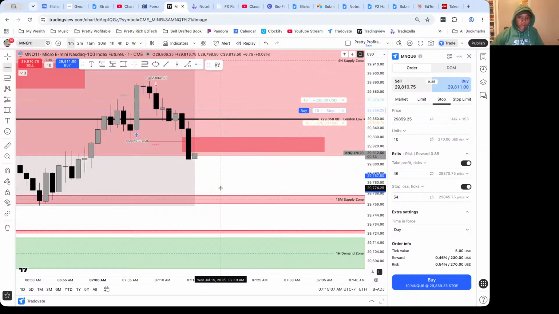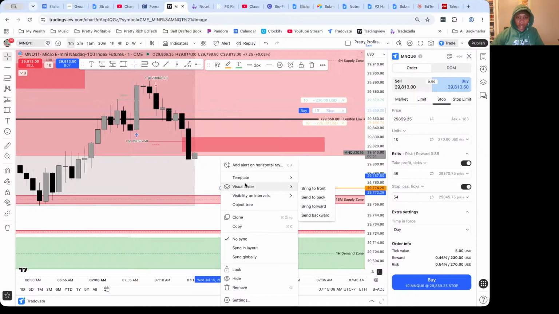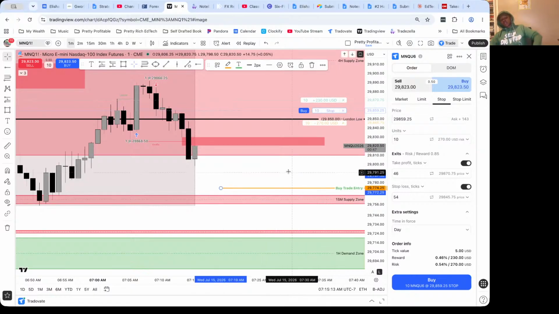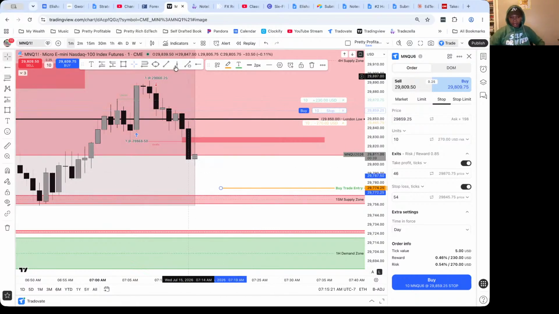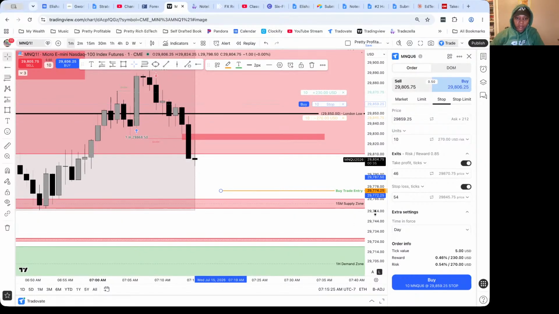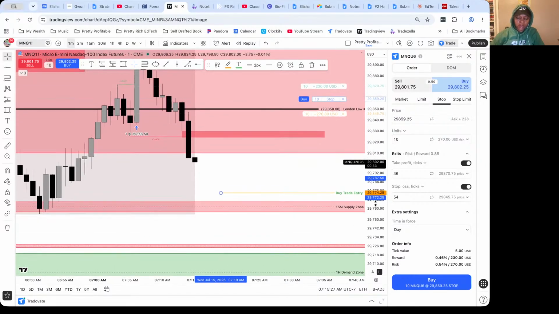It was respected, but it respected as a buy and not a supply. Most people take a buy trade off of demand and a sell off of supply, and this one wasn't that. We could definitely see.